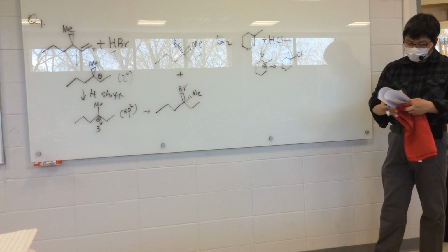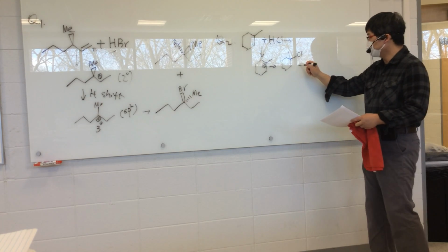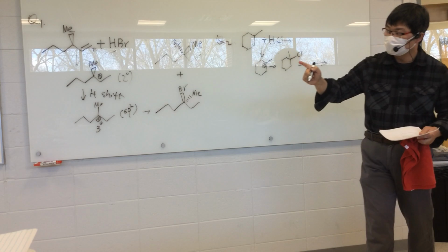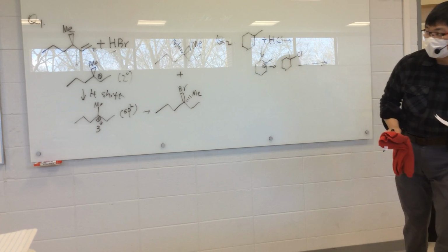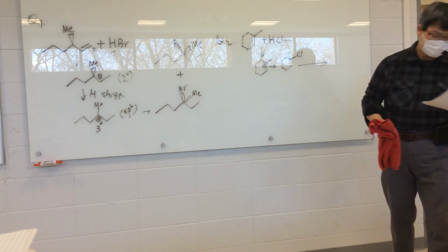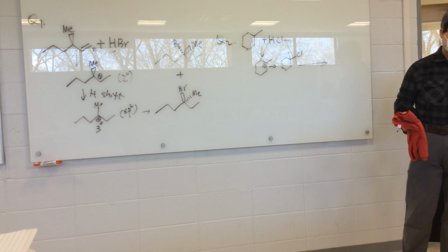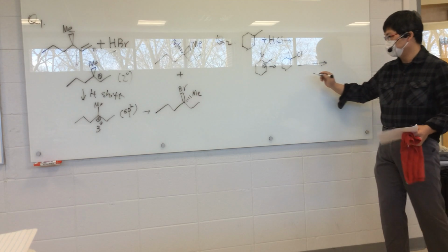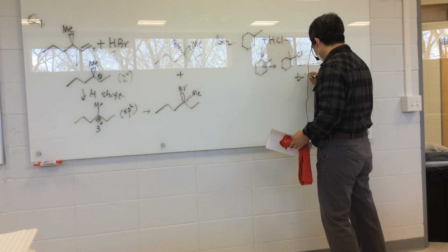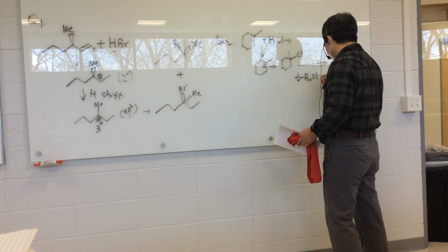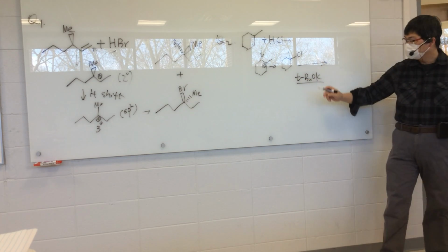And then the second step for this reaction, the second step is what? Tertiary butoxide. And potassium tert-butoxide is bulky, right? This is bulky.